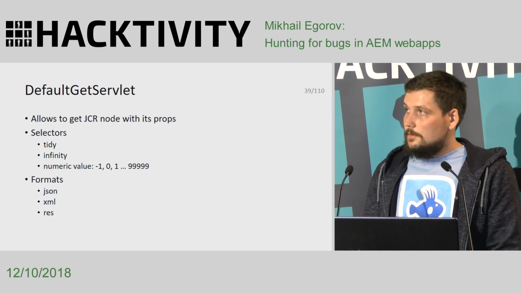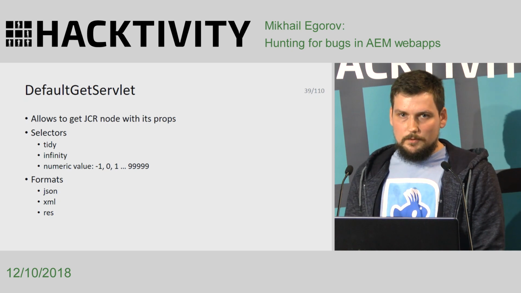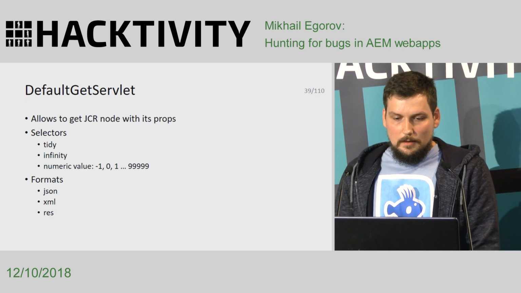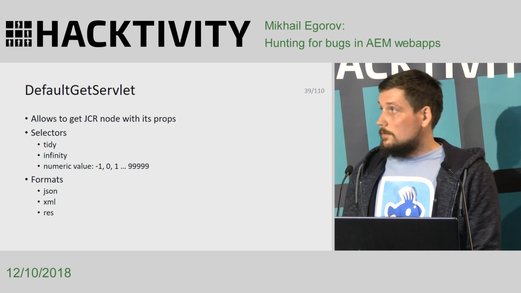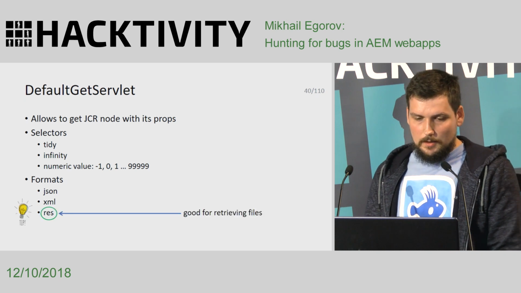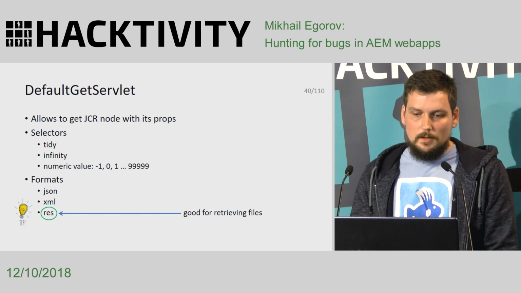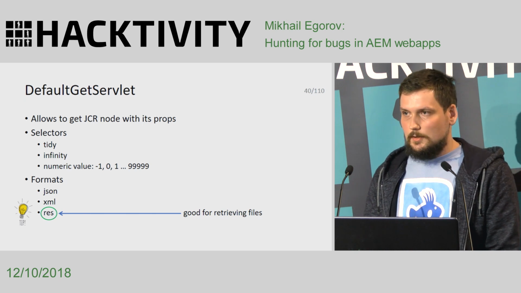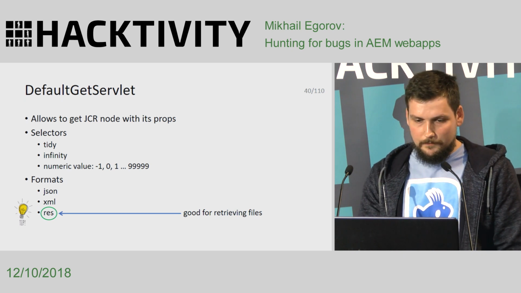Instead of infinity, we can use some numeric value from -1 to infinity. This value determines the depth. -1 is equivalent to infinity. The format res allows you to retrieve files that are normally stored inside the JCR data property of a JCR content node.